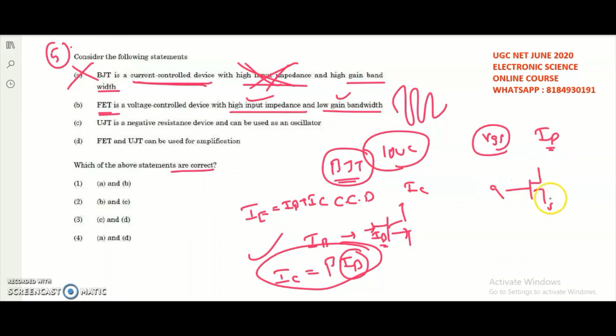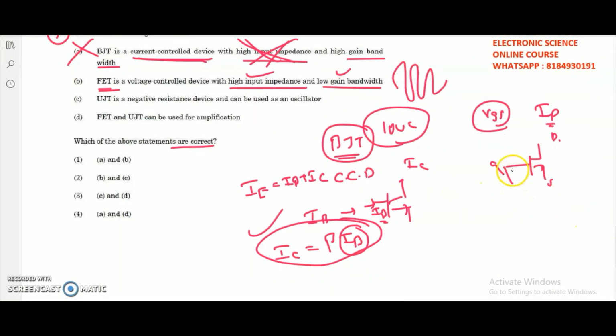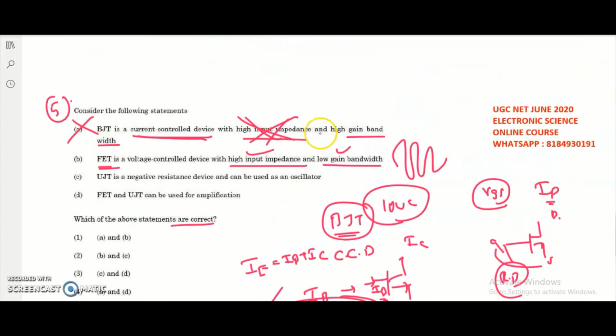Let's take a gate, a source and a drain. For any JFET, the gate to source voltage is reverse biased. Whenever the gate and source terminals are reverse biased, automatically the input impedance will be very high. So option B is the correct one.